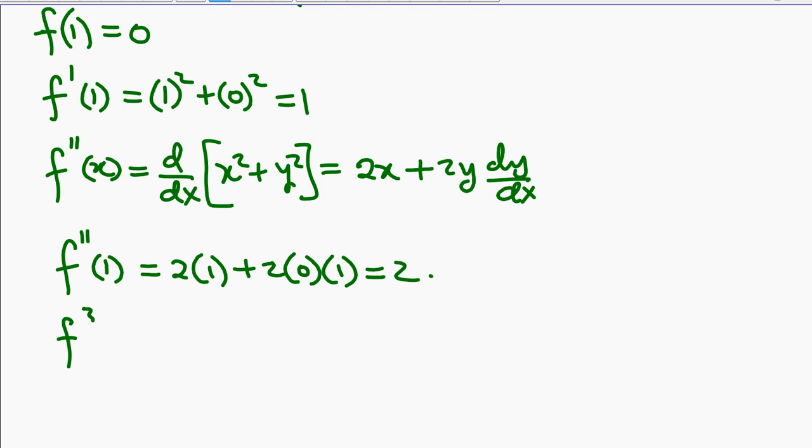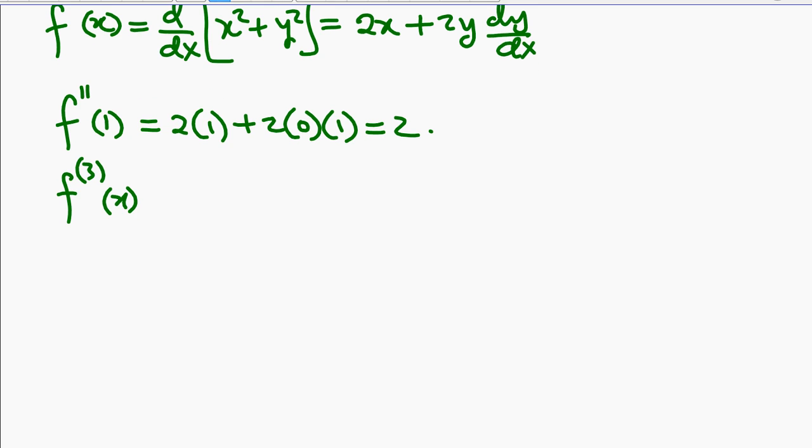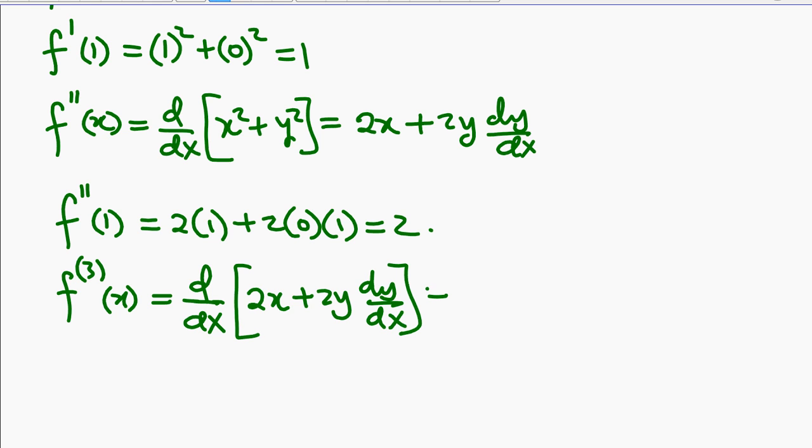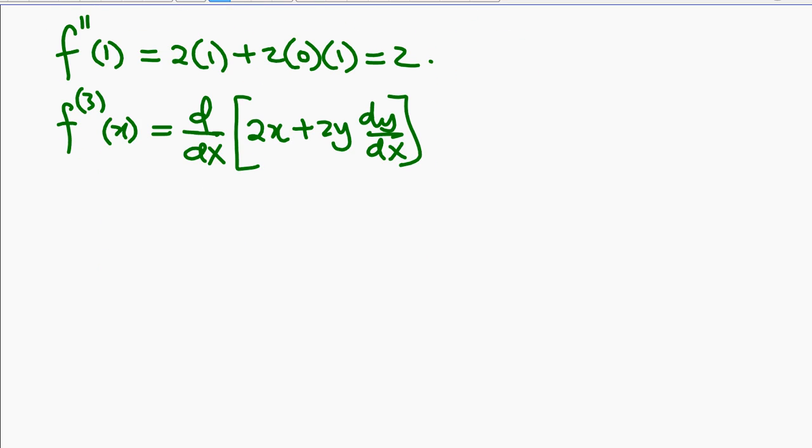The third derivative can be found by differentiating the second derivative, which will be equal to d over dx, and then we just need to plug in whatever we had. Now, we just need to write it below here. You never know, we need more space.